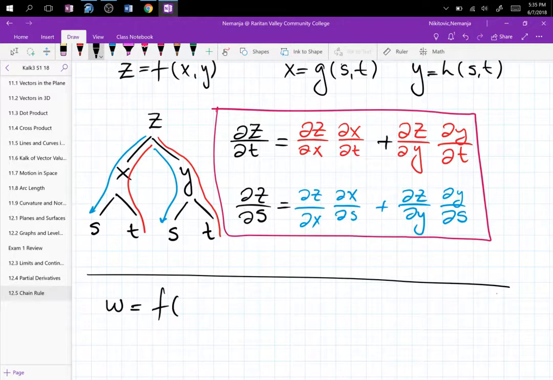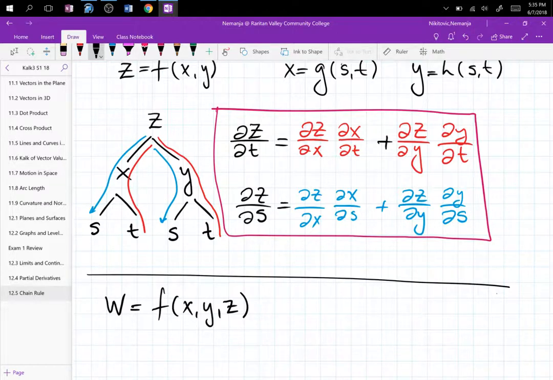W is equal to f of x, y, and z. Talk about temperature, talk about density, talk about any quality that you can think of that could exist in whatever concept regarding a 3D object, right? So your 3D object is perfectly explained by x, y, and z.